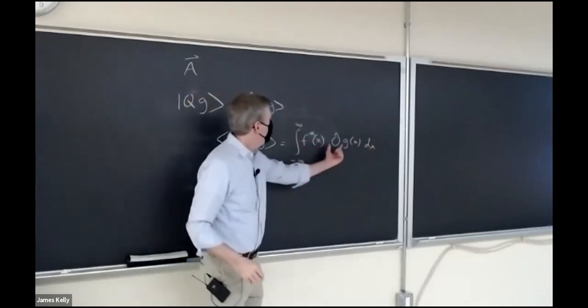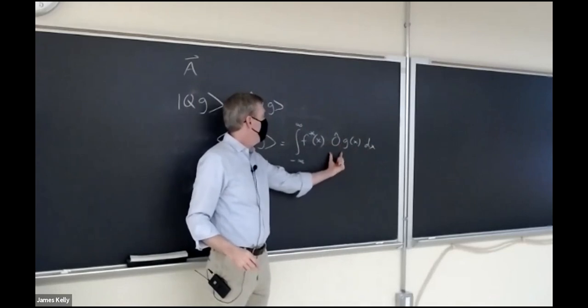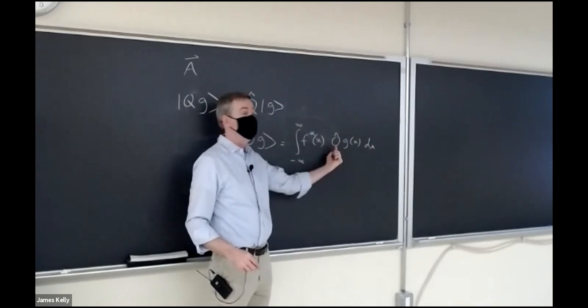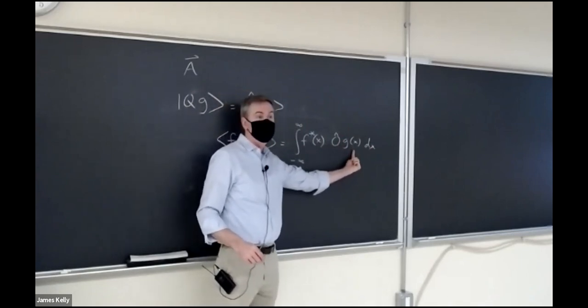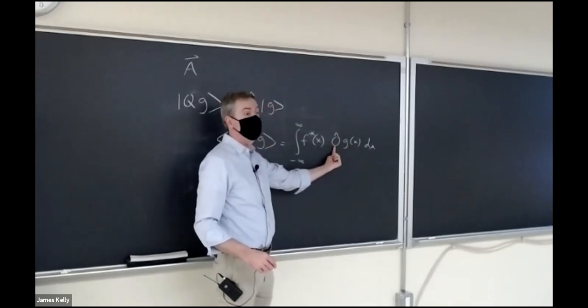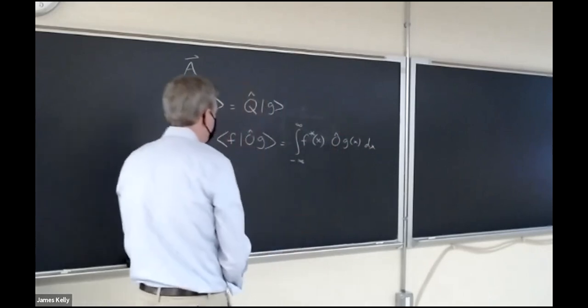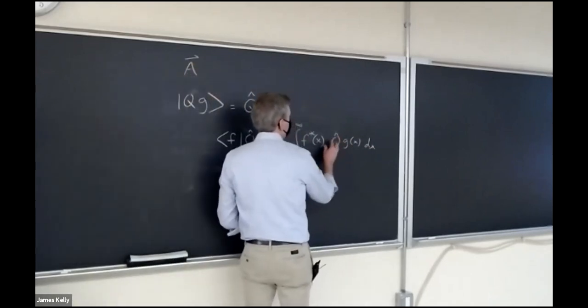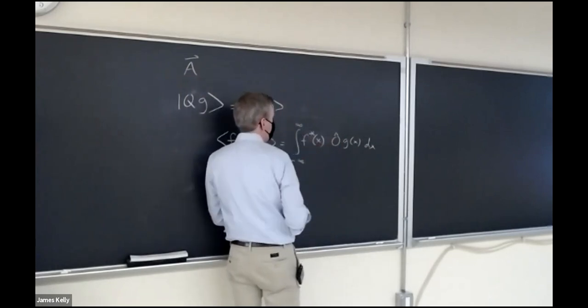And when I say this operator here, I mean the appropriate operator, whether it be a differential operator or whatever, that is ready to operate on a function of X. Okay, so for the momentum operator, this would be minus i h bar d/dx. For the position operator, this would just be an X there, right? And the question is, how can I get it moved onto the F over here?